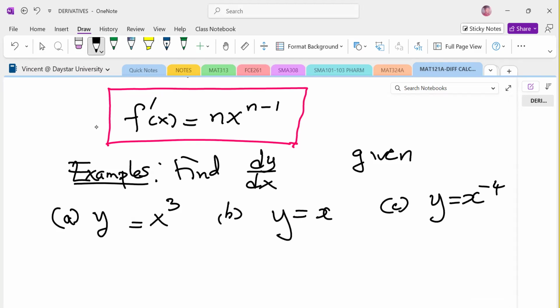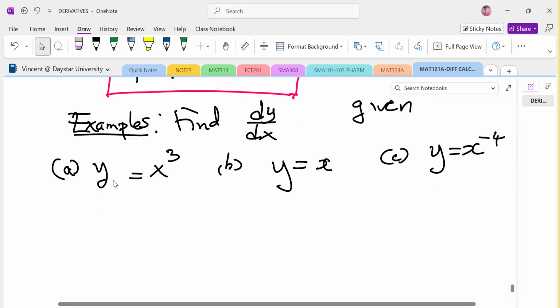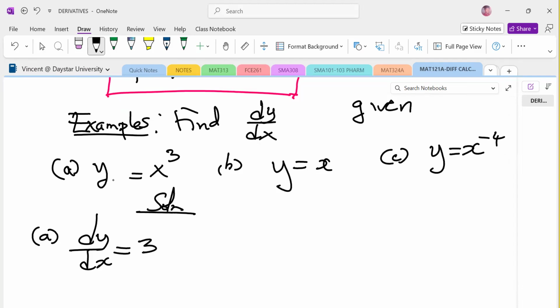So here what we are going to do is apply the power rule. In the first question, dy dx will be given by dropping the 3, then subtracting 1 from the original power 3. So this will give you 3x to the power 2.